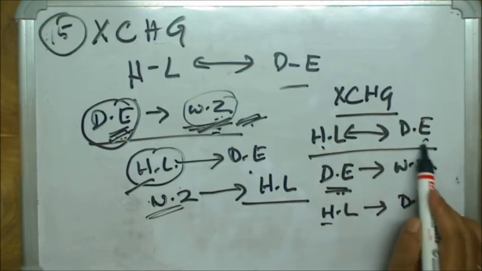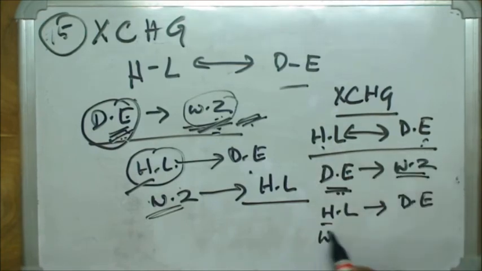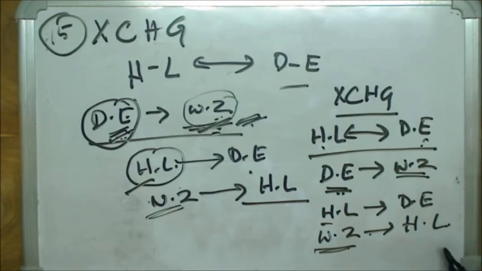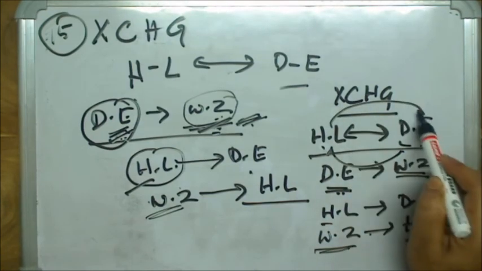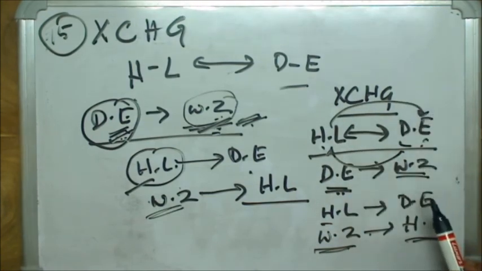Then the content of the WZ register will be stored in the HL pair. So the content of the DE pair has gone to the HL pair and the content of the HL pair has gone to the DE pair. Clear?